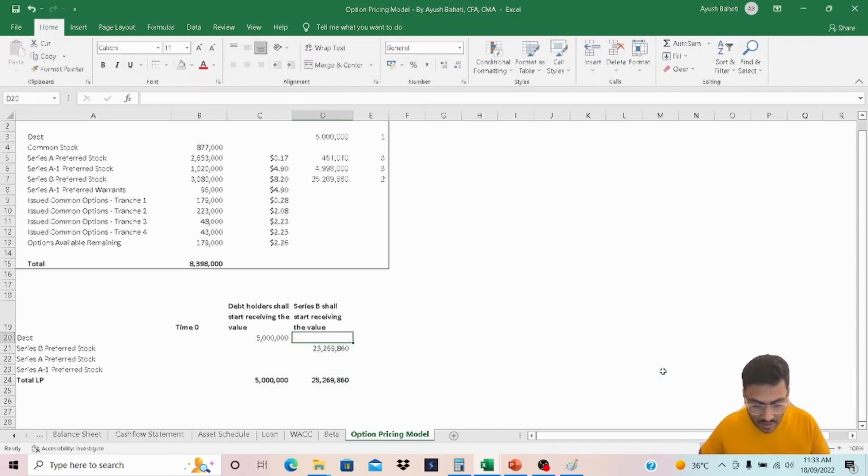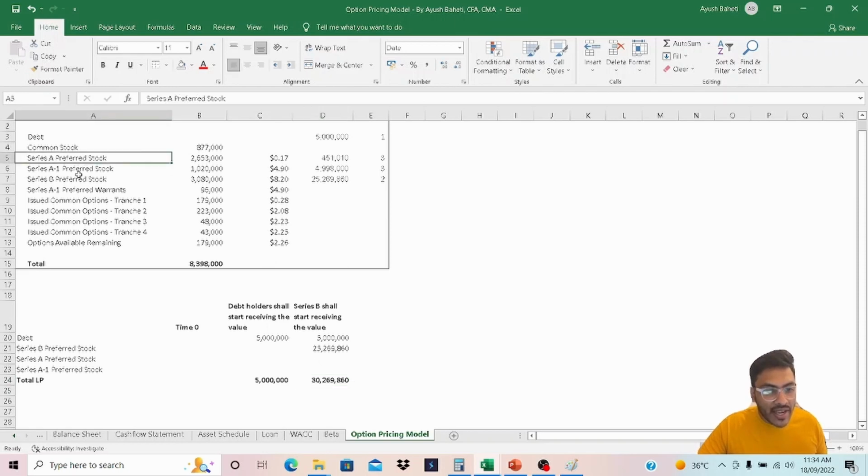Now I will link the 5 million. The reason is that we are trying to arrive at a strike price. Now you can say that this 30 million is the strike price, and over and above whatever value the company has can be allocable to series A, A1, all the option holders, warrant holders, and equity common shareholders.